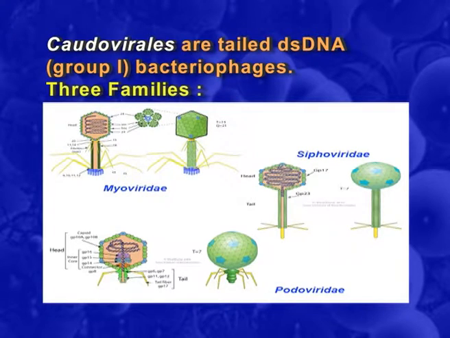Next, we will talk about the special features of these orders and the names of the families that are present in these orders. So, let's start with Caudovirales. Caudovirales comprises double-stranded DNA bacteriophages. It comprises 3 families, namely Myoviridae, Siphoviridae and Podoviridae.